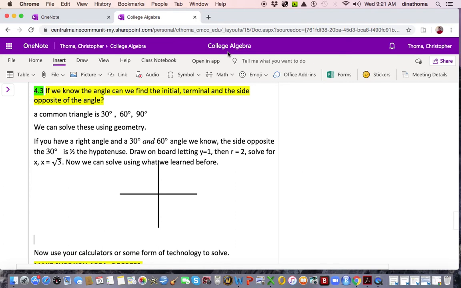And now I'm going to draw my triangle here. So we're drawing a right triangle again, starting at the origin.